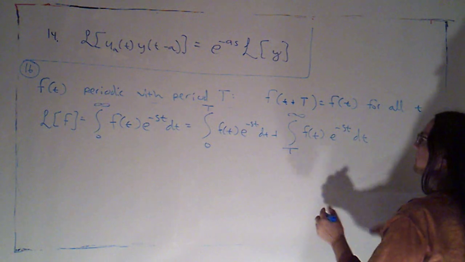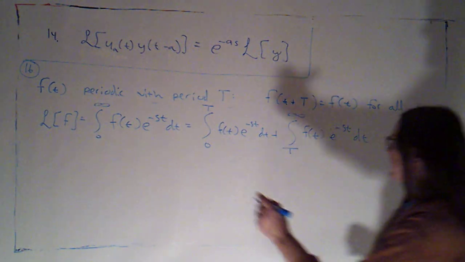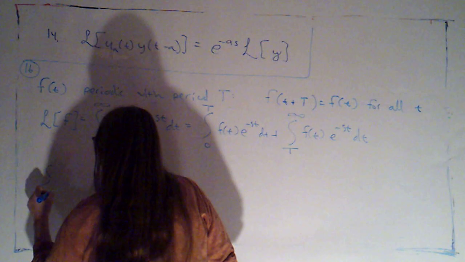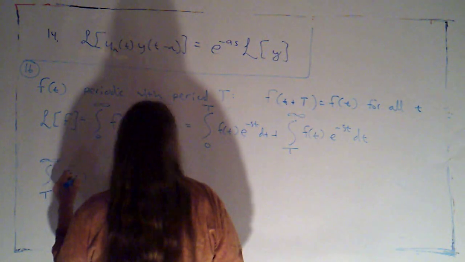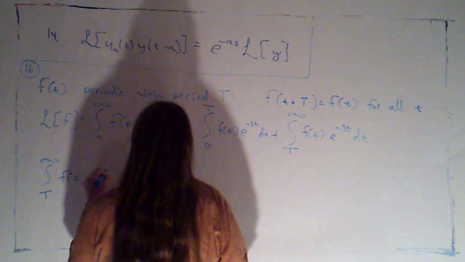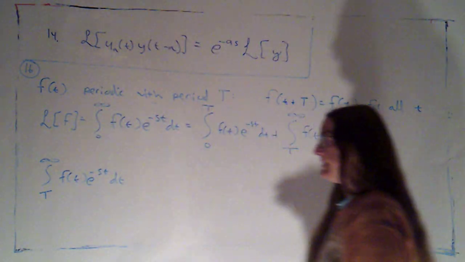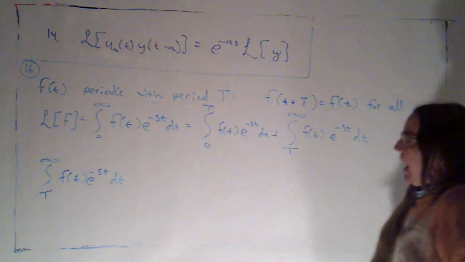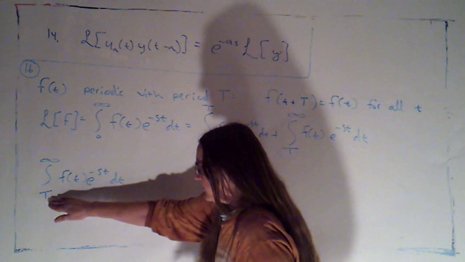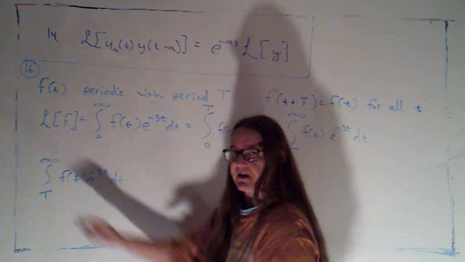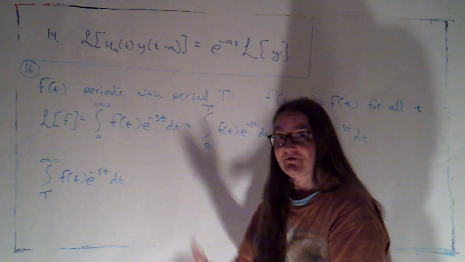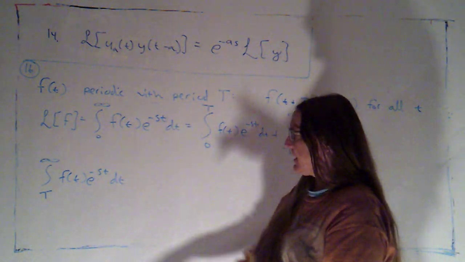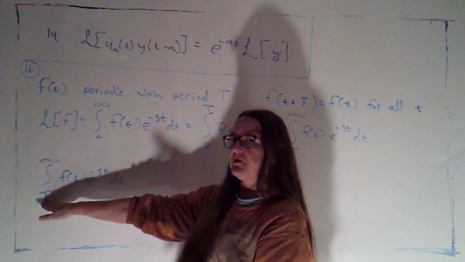Okay, so just looking at that piece, the integral from capital T to infinity of f of t times e to the negative st dt. Okay. I'm going to observe that we're integrating from T to infinity. But if I were to just define this function to be 0 from 0 to T, then I could extend this to integrate from 0 to infinity.